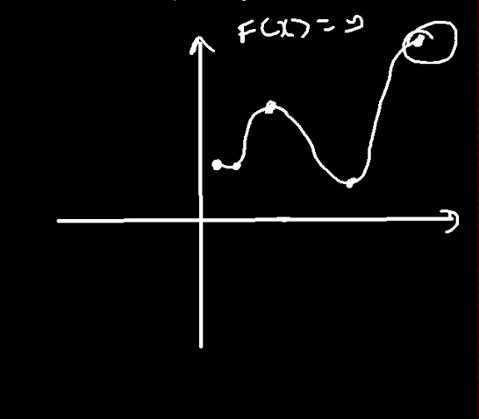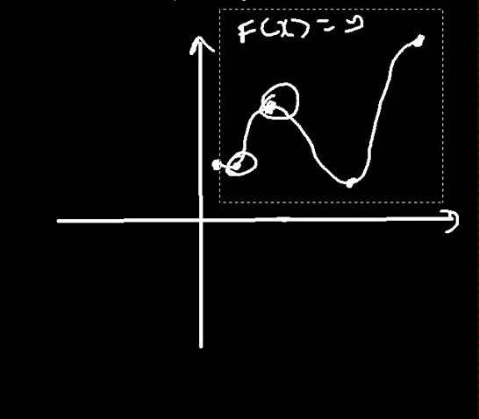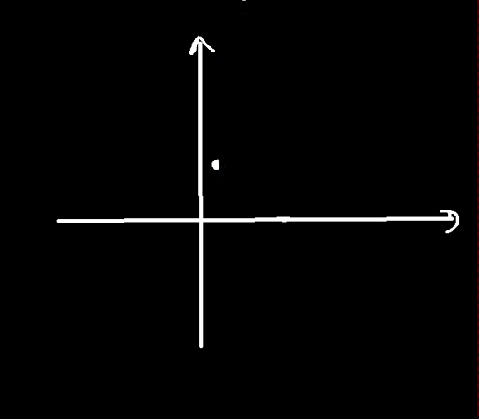Now this point is said to be the absolute maximum, and this is the absolute minimum, and this is the local max, and this is the local minimum point we have. So I understand by now you know what the graphical aspects of the extreme values are, that is, the local maximum point and local minimum point that you have, and that of the absolute maximum as well as the absolute minimum.